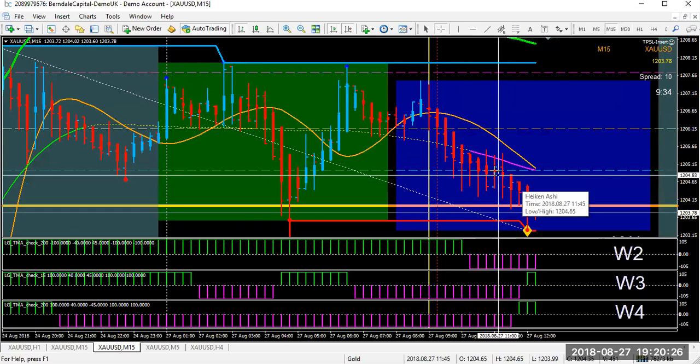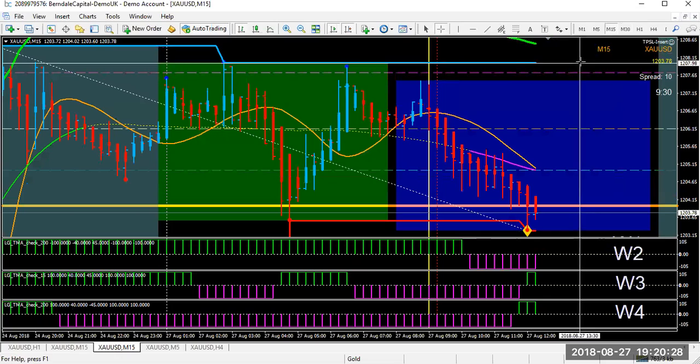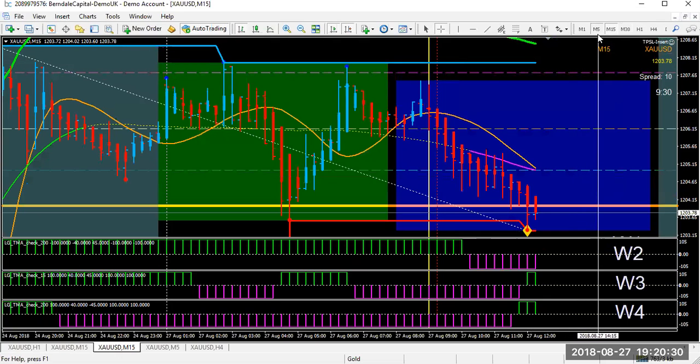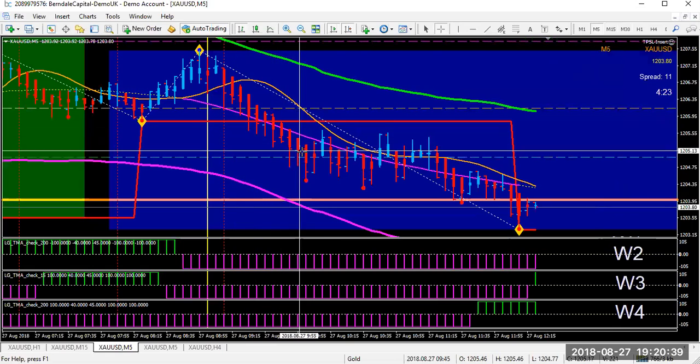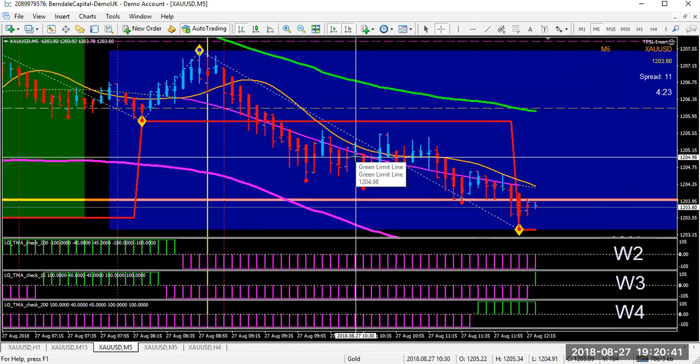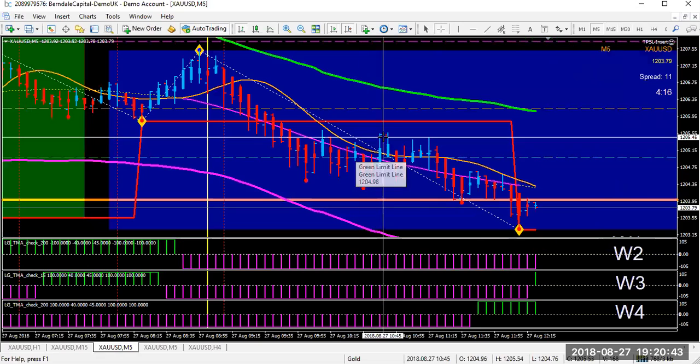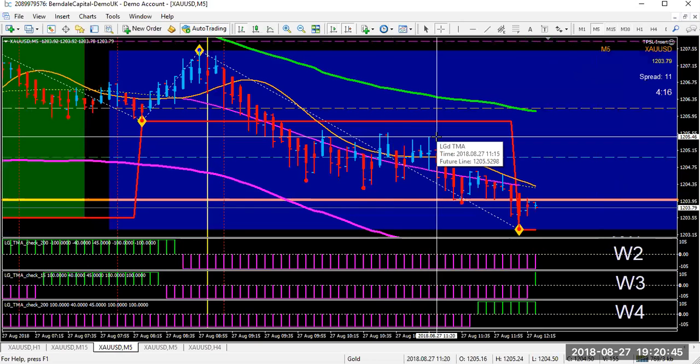Okay, so in the 15 minutes, still pushing down. You do have the reference points and report lines of where price wants to go. But in the 5 minutes, you can see it bounce down here off the green limit and come back above the river.